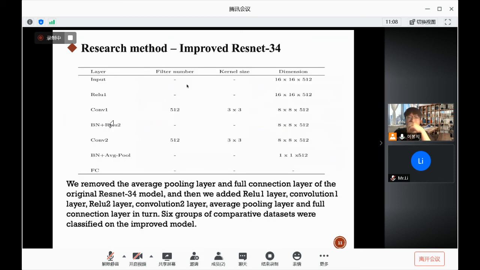We removed the average pooling layer and a fully connected layer of the original ResNet34 model, and then we added the ReLU 1 layer, convolution 1 layer, ReLU 2 layer, convolution 2 layer, average pooling layer, and a fully connected layer in turn. Six groups of comparative datasets were classified on the improved model.